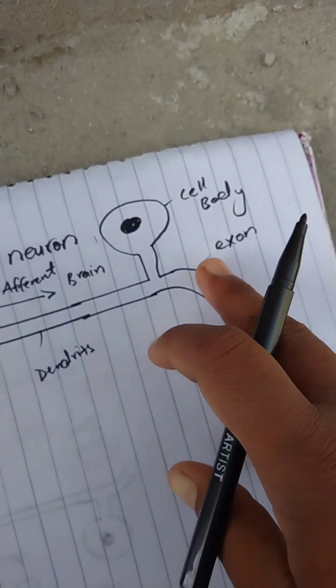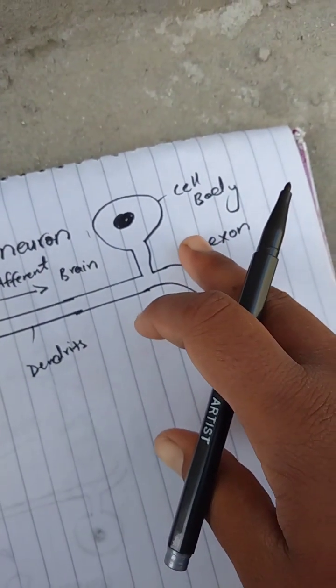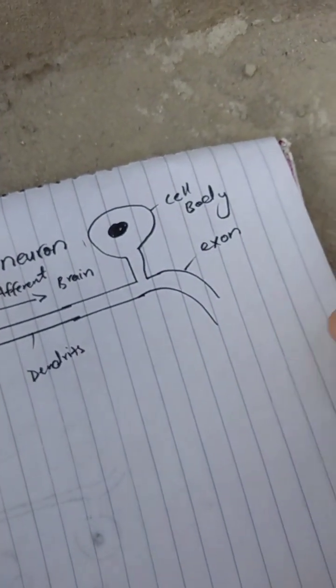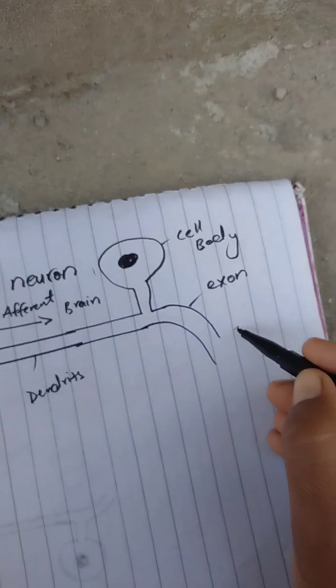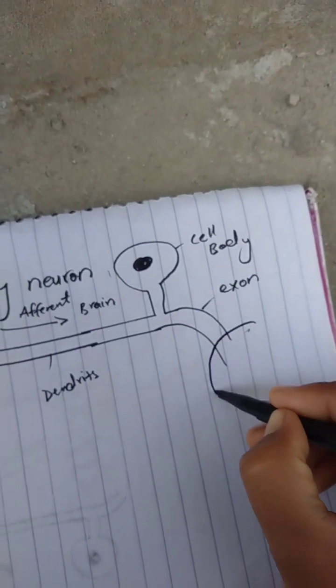So this cell body is in the sensory neuron. The cell body is present near the spinal cord. So here is a cross section of the spinal cord.